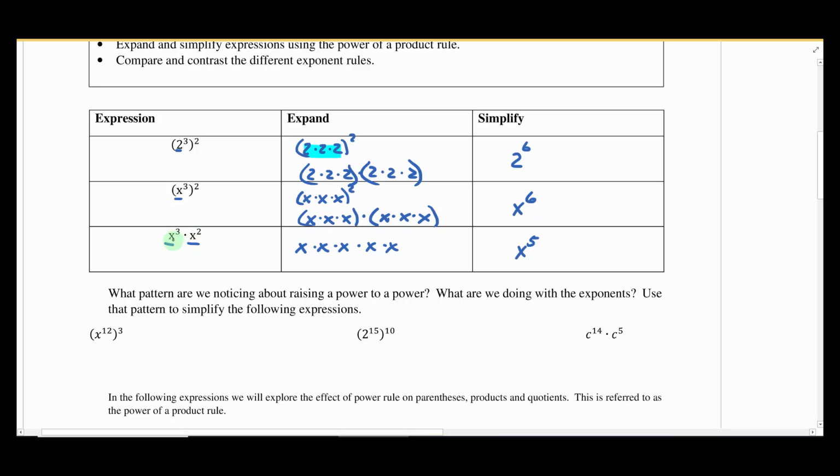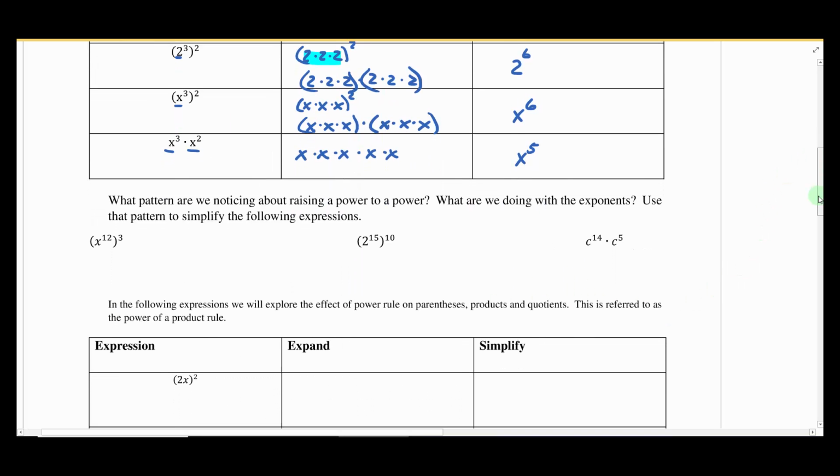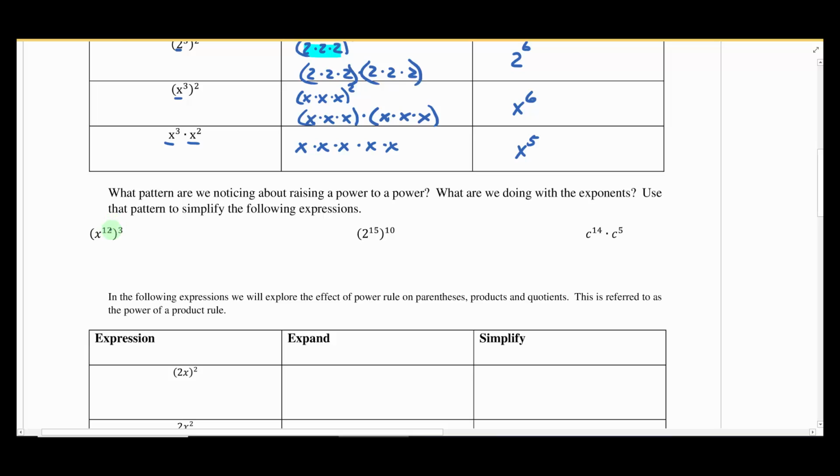But here we're not raising a power to a power, we're multiplying two things with the same base. So it's a little bit different than what we did before. So this is the first rule that we learned. This is called the product rule, and we actually added the 3 and the 2, and we got a 5, okay? So we're going to make sure we keep those patterns straight, and we're going to use them to simplify expressions that might have bigger exponents, because those shortcuts really help out when we get the big exponents.